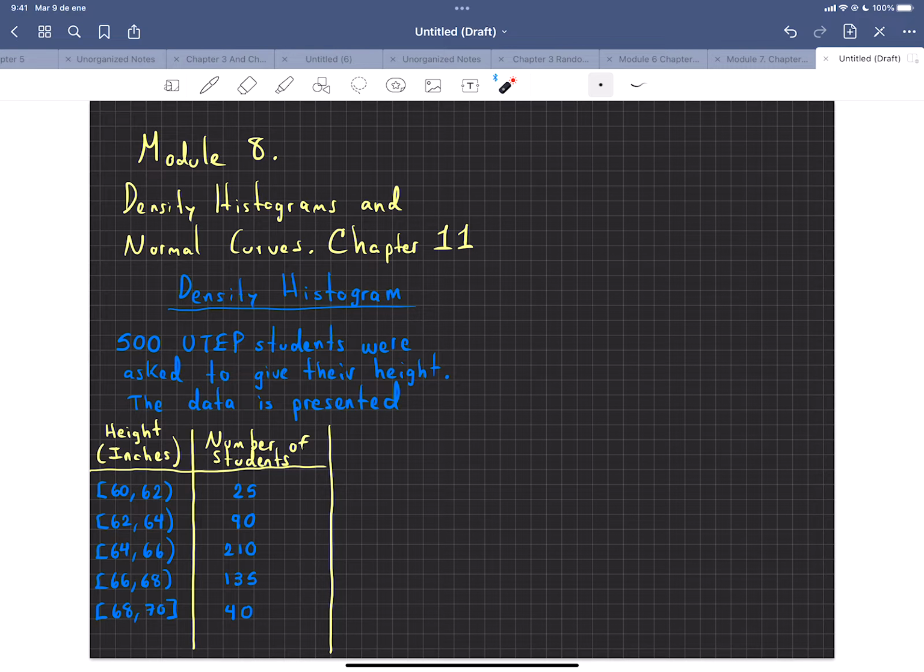Now, once we have the table, we're going to create another column. This column is going to be the relative frequency.